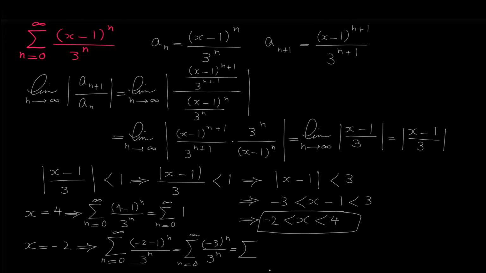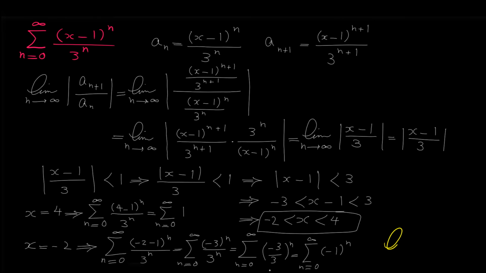We can rewrite this in the form of (-3 over 3) all to the n. -3 over 3 is -1, so we get the series sum of (-1) to the n, n from 0 to infinity. Again, based on the divergence test, this series is divergent.